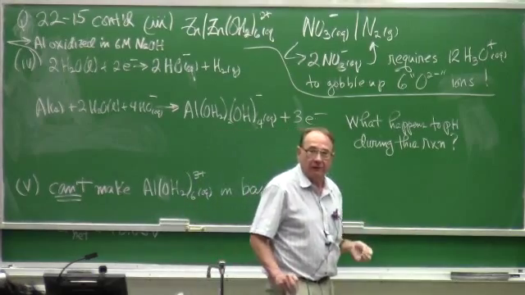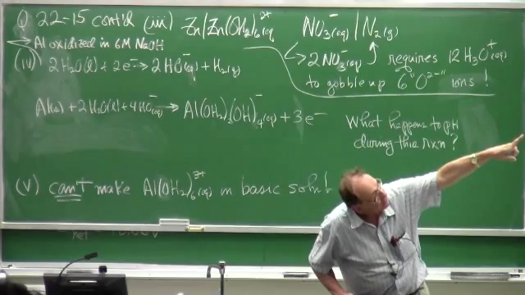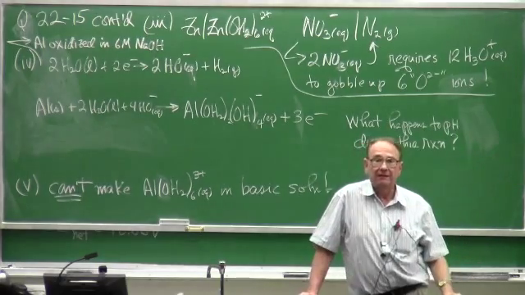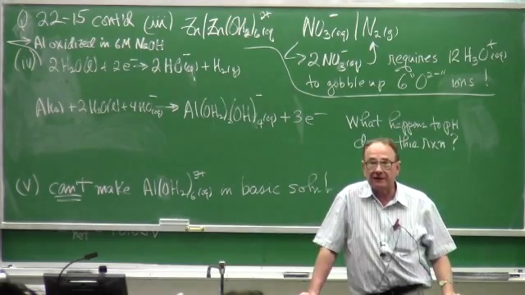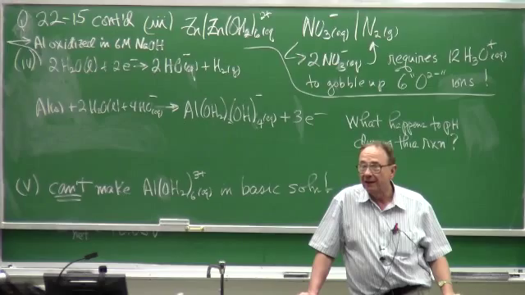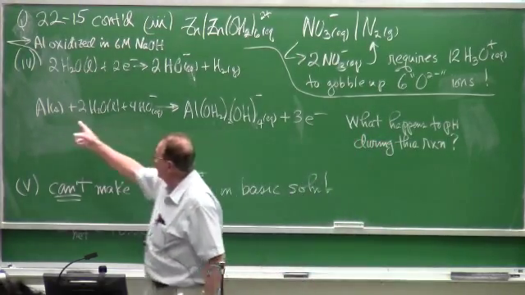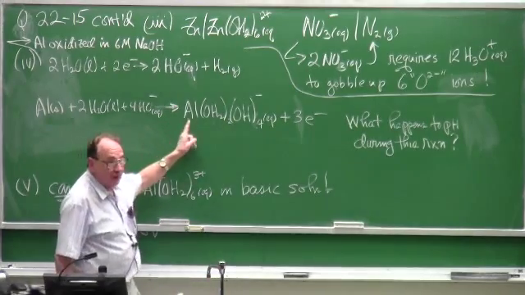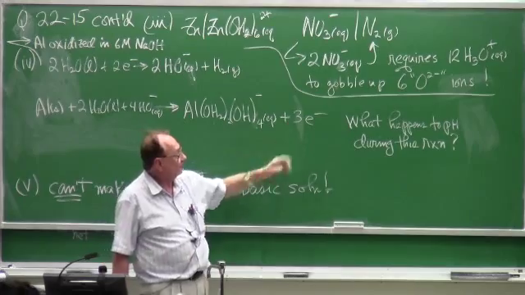Did you learn in 2045 or maybe even in high school chemistry that aluminum, which is a member of family 3A, develops only 1 common positive oxidation state? What is it? +3. So if aluminum 0 gets oxidized to aluminum +3, we've got to associate this with loss of 3 moles of electrons.